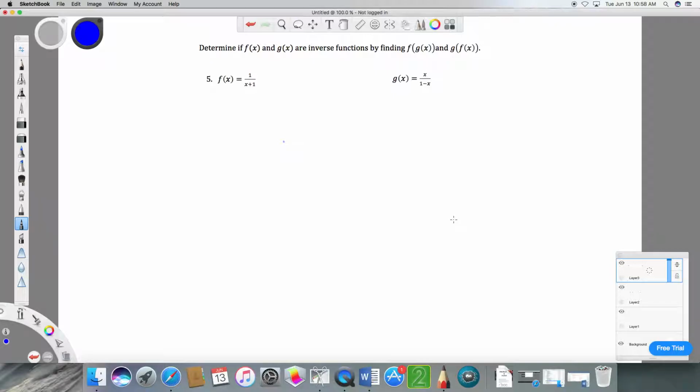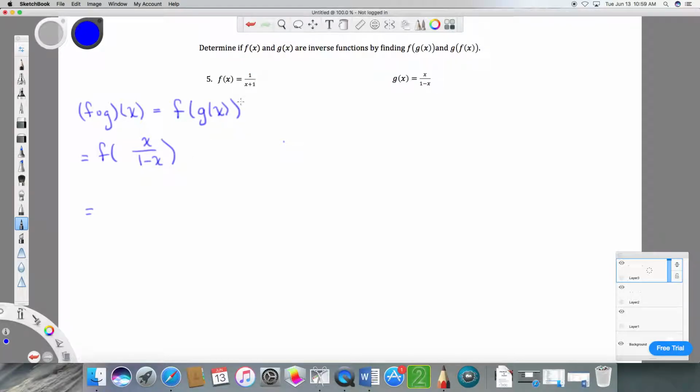All right, so let's find f composed with g. Which means that the input of f is the function g. So the input of f is this fraction x over 1 minus x.